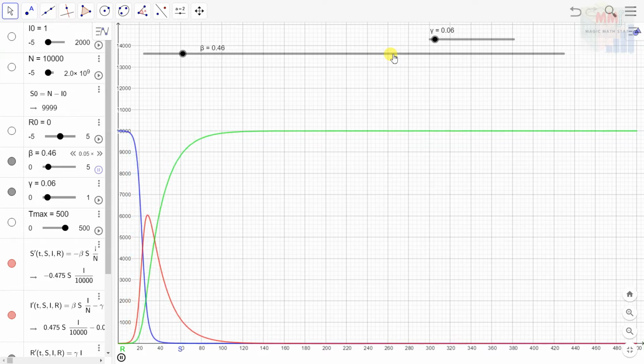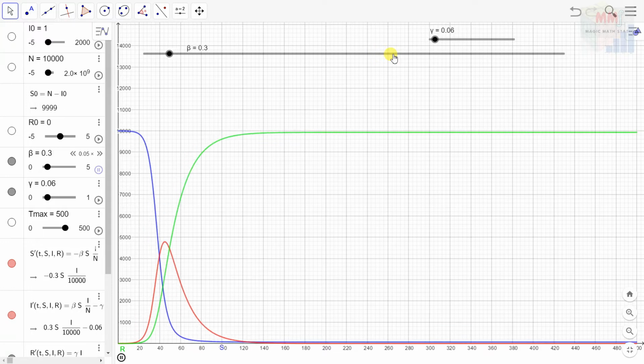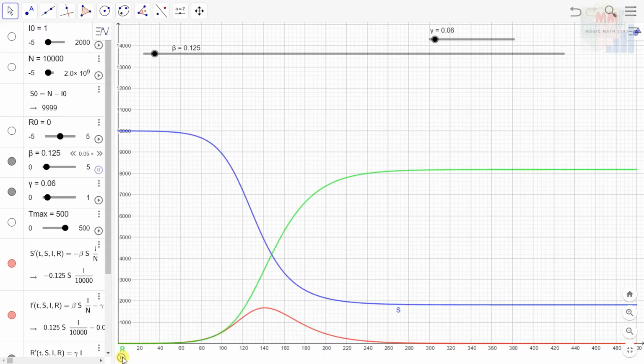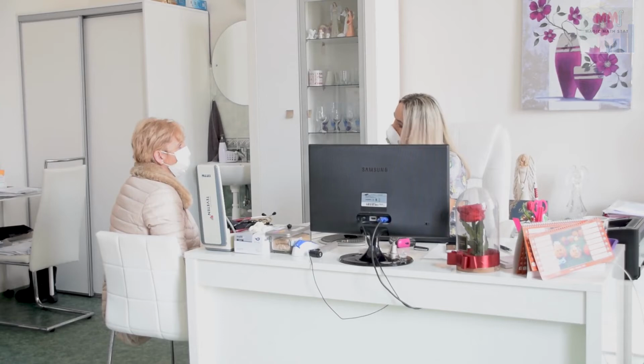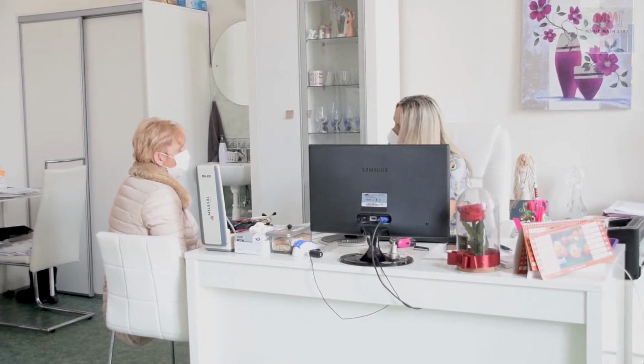Now see, when beta reaches 0.1 or something less than that, the peak of the red curve is under 1000 and the spread has become very long. So we no longer have a very high number of patients in a very short time period. Hence the doctors can do their best work properly.